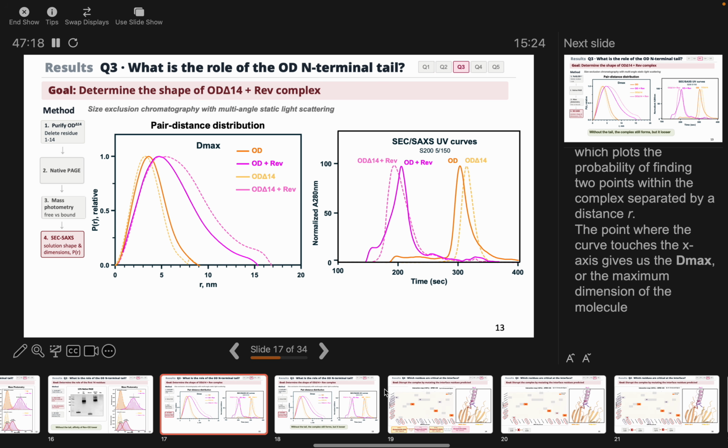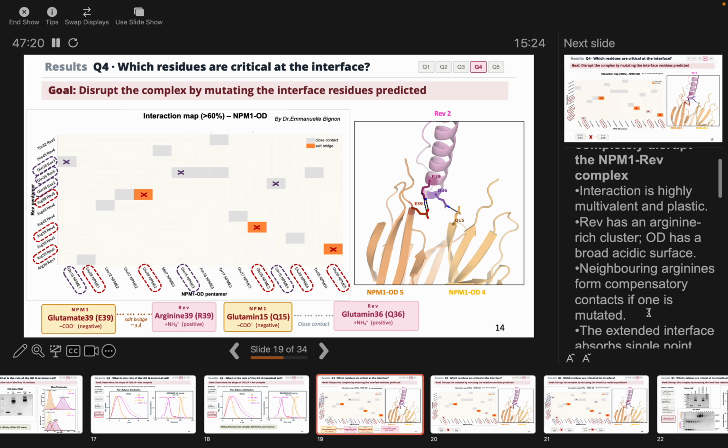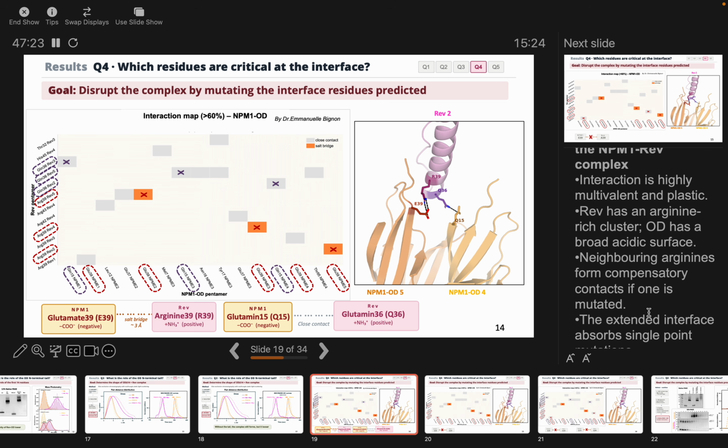Just on slide 14, what is this interaction map over 60%? What does it mean? So it highlights the contacts that appear in simulation more than 60%. Yeah, that's the interaction map. Those are the contacts that are present in more than 60% of all the simulations that she had.